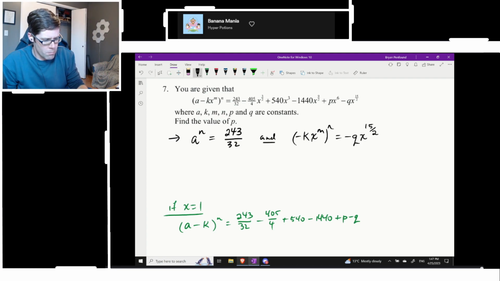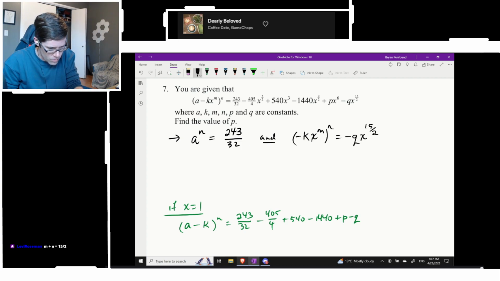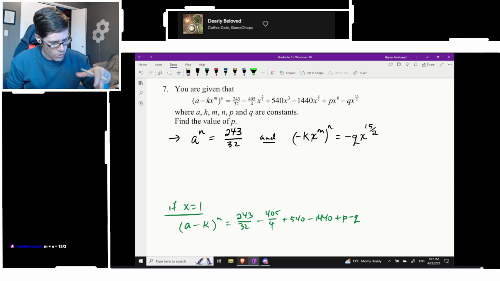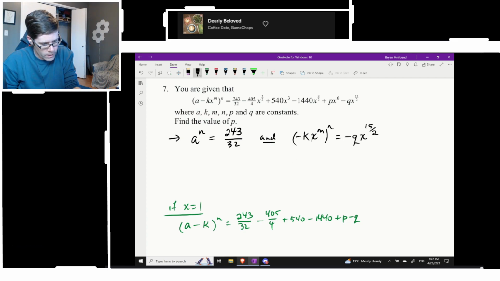It is a little more obvious to me how to work with this second equation I have up here. I think if I distribute that power of n through, we could get something like negative k to the n, x to the mn is equal to this, right?